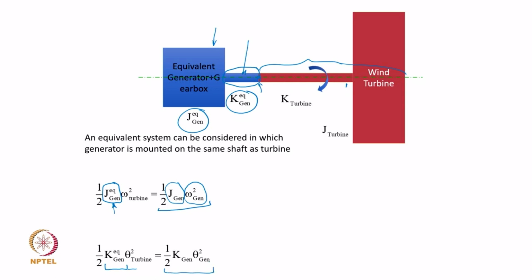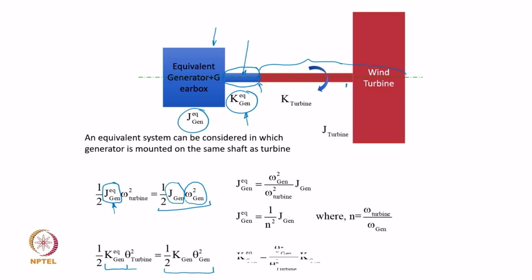The original shaft had the stiffness K generator and theta generator is the angle of twist. So, the strain energy is now made equivalent, and from this you can find the equivalent generator shaft stiffness. By equating these two you can find both the equivalent generator inertia and equivalent generator stiffness, and in both cases they are related through the gear ratio.